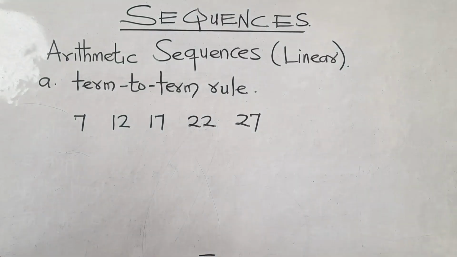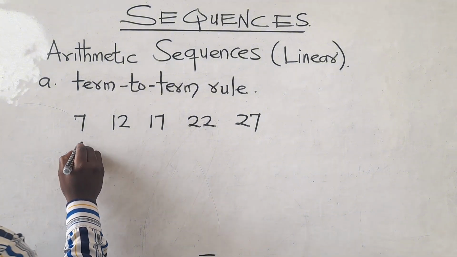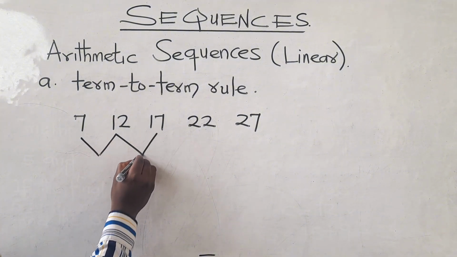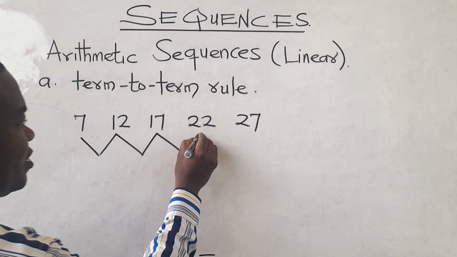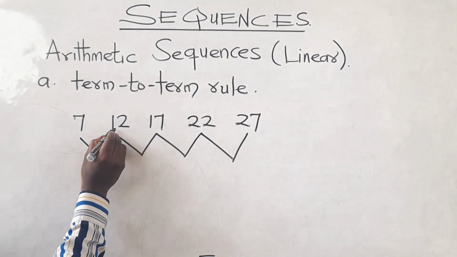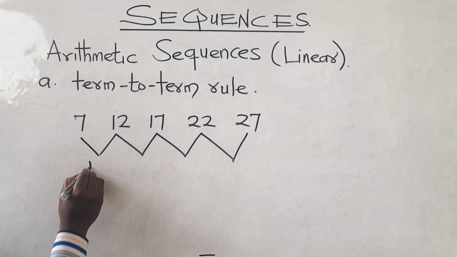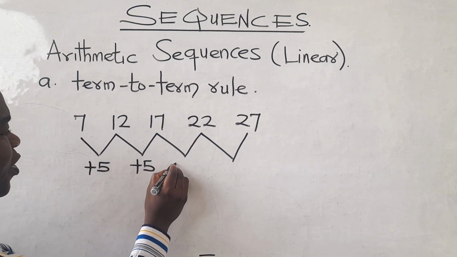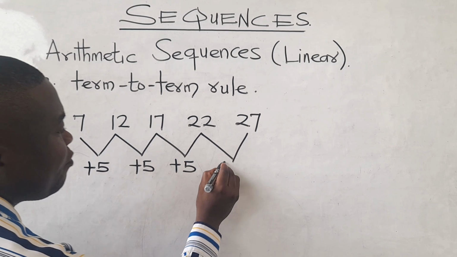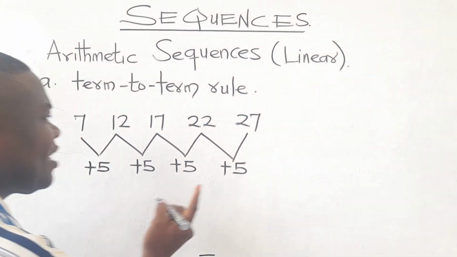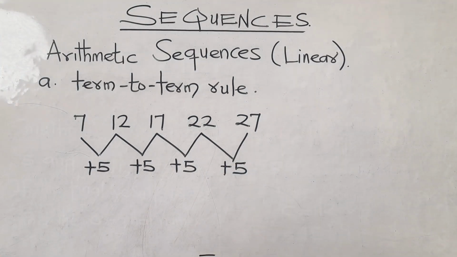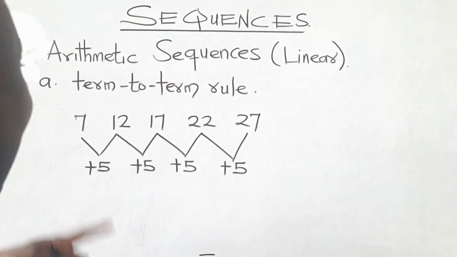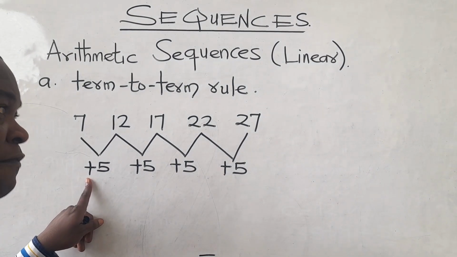Remember, you look at the first difference. 12 minus 7 is positive 5, positive 5, positive 5. So it's telling me that to move from one term to another, I have to add positive 5.